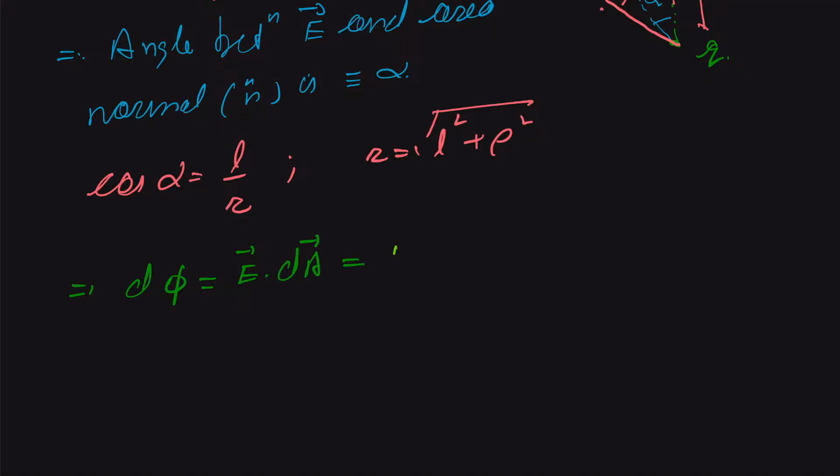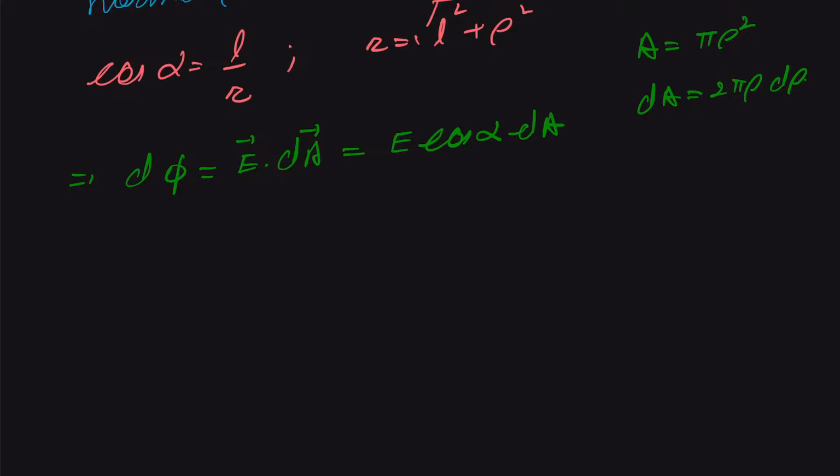And electric field will be E cos of alpha and our dA. And dA we can find out because our area is nothing but pi rho square, so dA will be equal to 2 pi rho d rho.